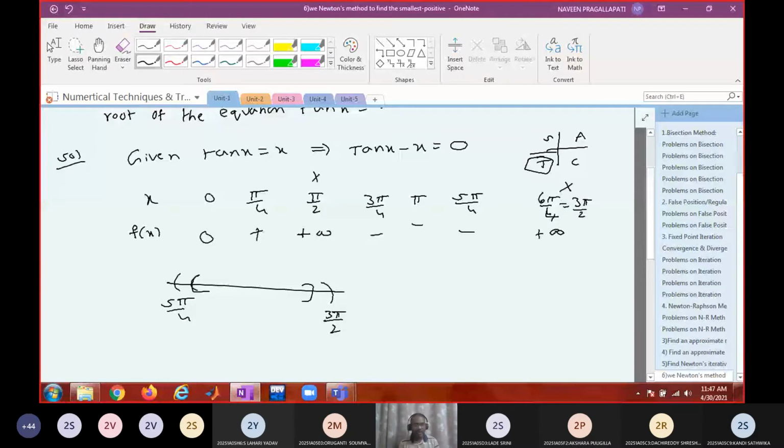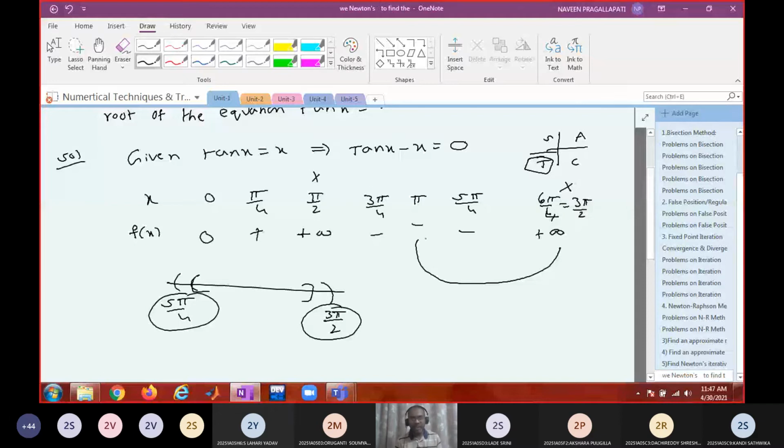You start with some value between 5 pi by 4 and 3 pi by 2, then you start your sequence of approximations. Or you may say that the root lies between pi and 3 pi by 2, it doesn't matter.